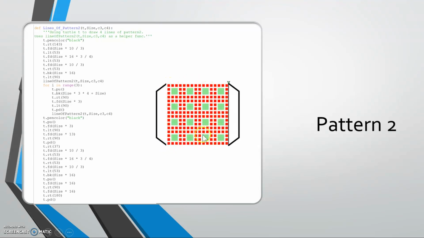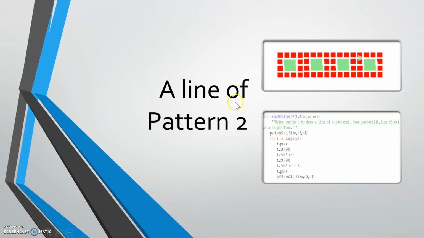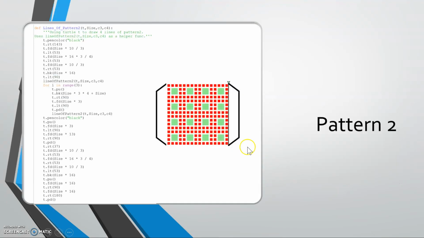After that I let it turn left for 90 degrees so it can draw the four lines of pattern 2. Drawing the four lines of pattern 2 is almost the same way as drawing the line of pattern 2, which we just need to adjust the start position from here to here, and after that it will draw another glue tab.